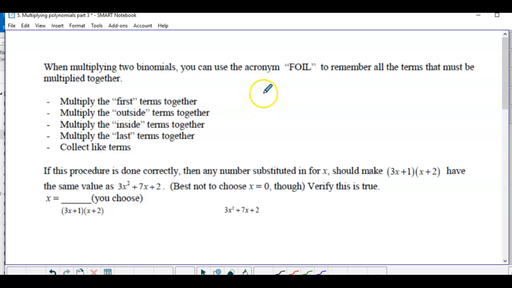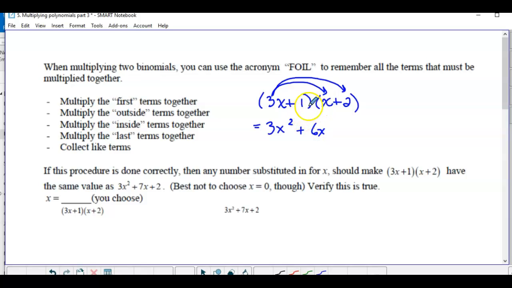So the first in each bracket, that's 3x squared. Then the outside terms together, so you're starting with 3x and multiplying it by everything in the other bracket. So that would be 6x.